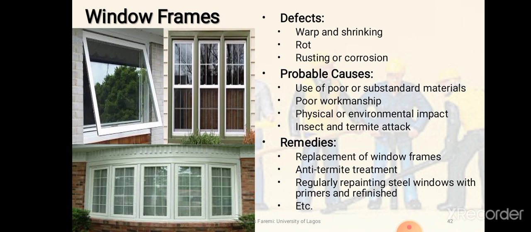Defective window frames can be remedied by outright replacement of the window frames. For the wooden window frame that is attacked by insects or termites, the defective section should be cut off and replaced with fresh timber, while the entire wooden window frame is treated with anti-termite solution.